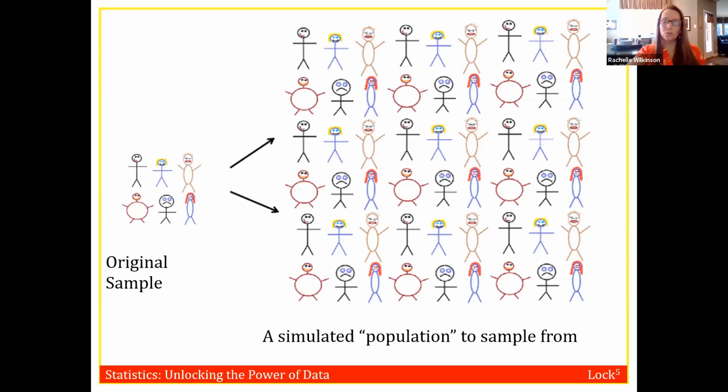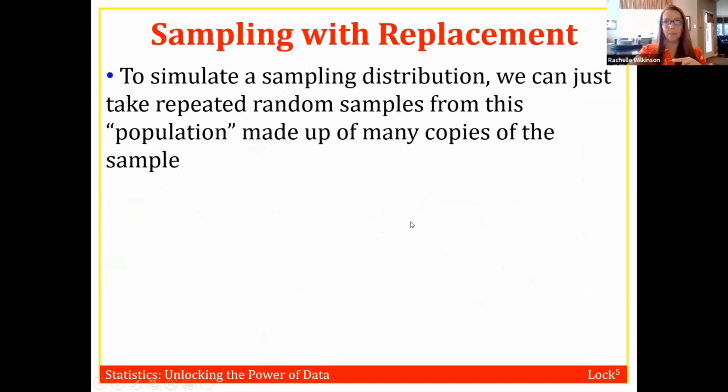From each of those bootstrap samples, we calculate our sample statistic, and we call that the bootstrap statistic. Then we look at the distribution of those bootstrap statistic values, and that should be very similar to our sampling distribution. And we've managed to do all of that by only taking one real sample from the actual population.